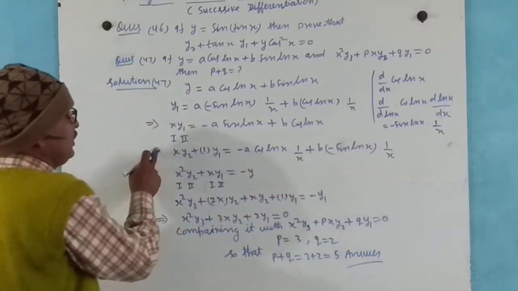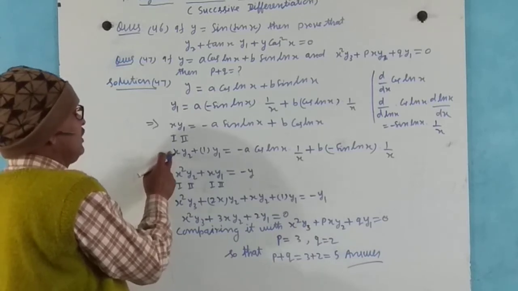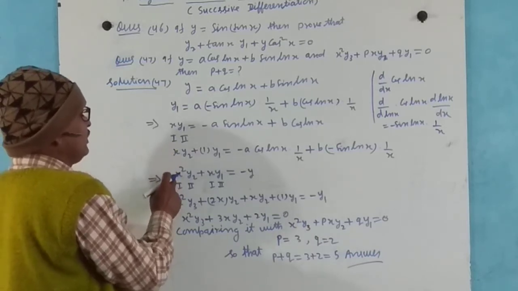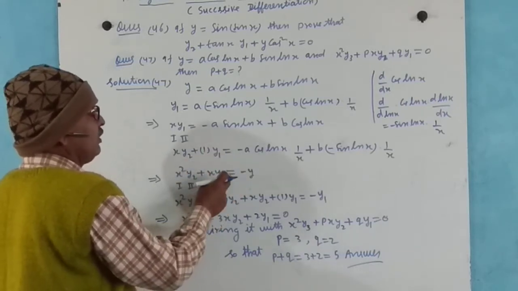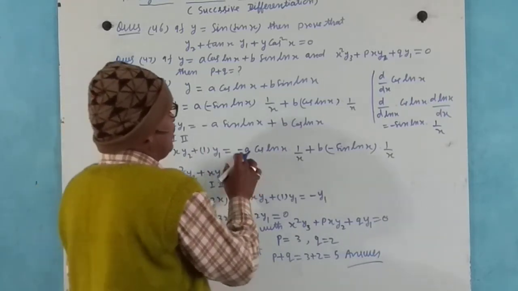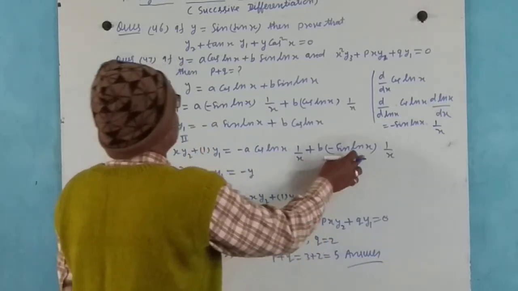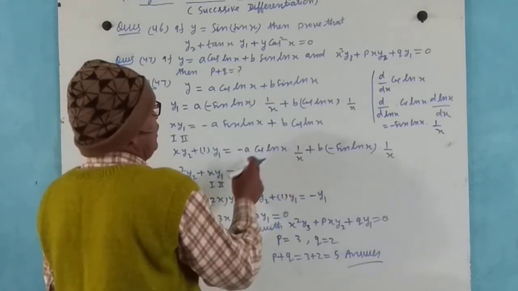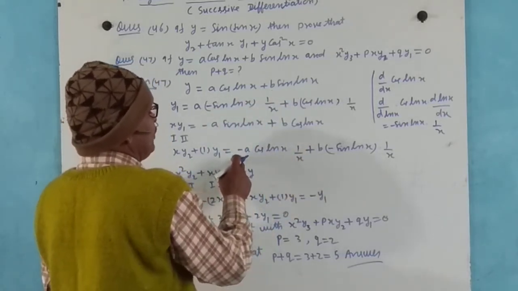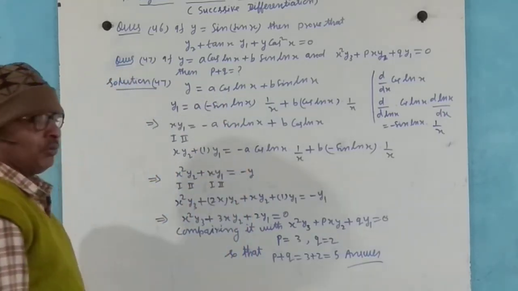This x comes here with a multiplication, so this is equal to x square y2 plus x y1, and the right side remains minus a cos ln x minus b sin ln x. Taking minus common, this is equal to minus y.